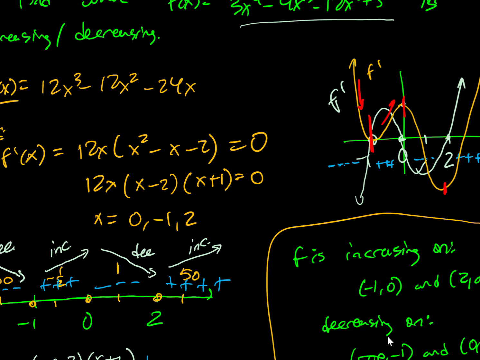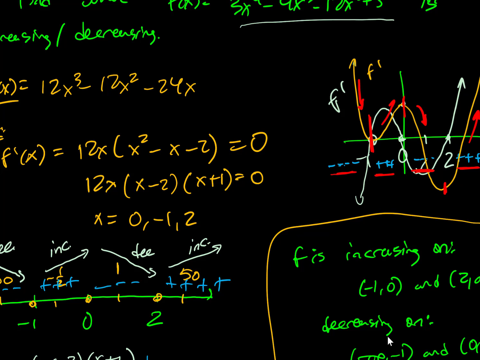Between 0 and 2, I'm going down again, and then after 2, I'm going up. Do we see that? Down, up, down, up. And look how that relates to the derivative. When the derivative is negative, my graph is going down at those two places. When the derivative is positive, it's going up, just like that. Does that make sense?